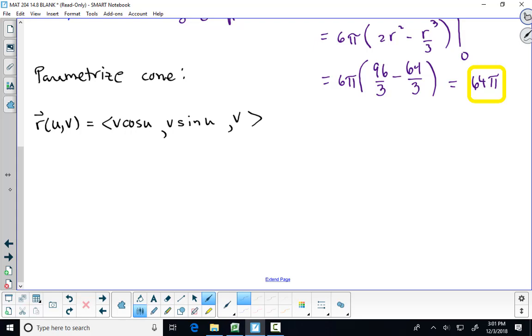That'll do it. So then v is going from 0 to 4. Right. So those are our limits. So now we have nice limits, a rectangular domain.